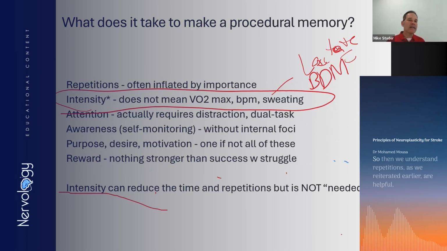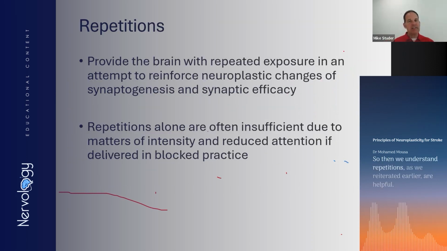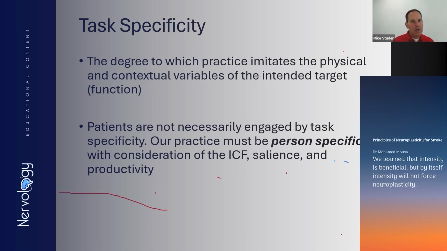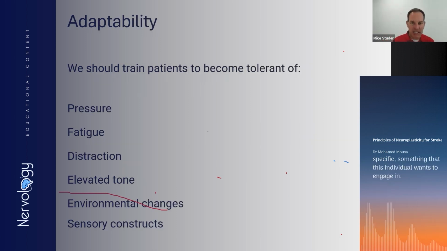Okay? So then we understand repetitions, as we reiterated earlier, are helpful, but by themselves, repetitions without success and failure balance will not work. We learned that intensity is beneficial, but by itself, intensity will not force neuroplasticity. We learned that task specificity is beneficial, but it not only has to be task specific, it has to be person specific, something that this individual wants to engage in again.